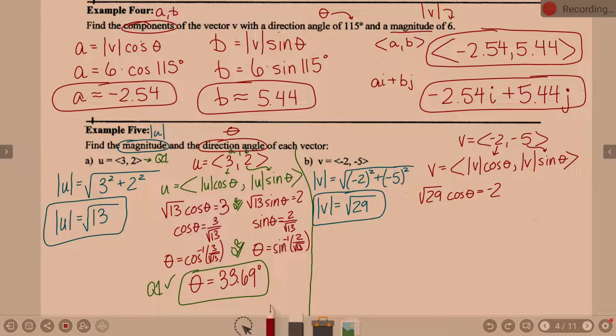Get cosine theta by itself, right? So divide by square root of 29, so -2 divided by square root of 29. And then if it's cosine theta and I want to find theta, I'm going to do cosine inverse of -2 over square root of 29.